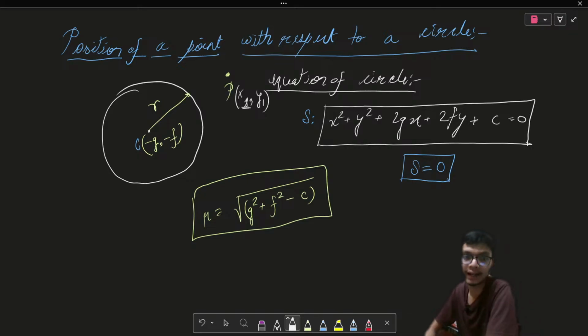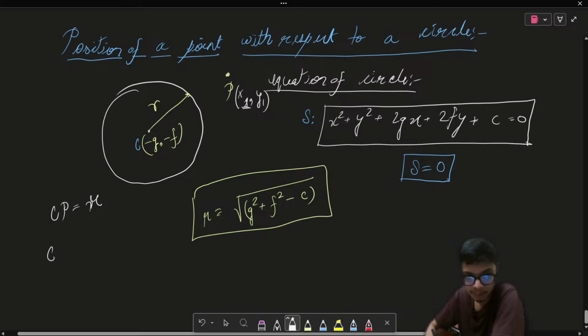In order to decide that, first of all, for the point P to be on the circle, the distance CP should be equal to the radius of the circle, right? And if the point lies interior to the circle, then CP should be less than R. This is the condition for the point to lie interior.